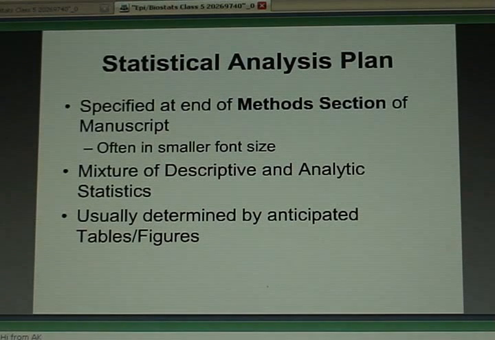But there's also an analytical portion where the actual conclusions are being reached by looking at associations between risk factors and outcomes. And by going a step further by saying whether those associations are statistically significant or whether those associations are consistent with certain findings in terms of displaying confidence intervals. And we'll talk about both of those today.